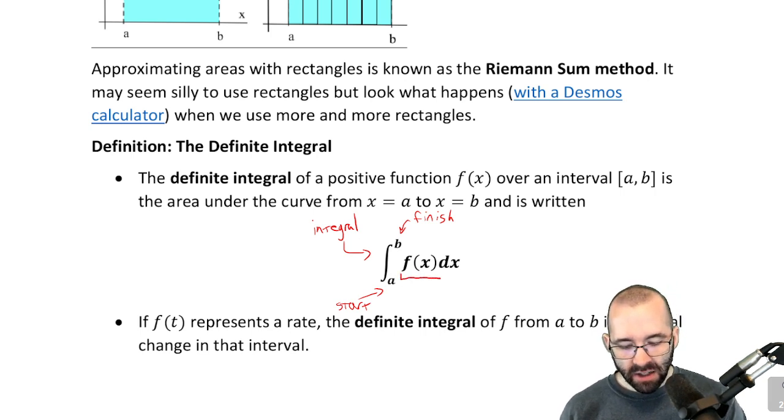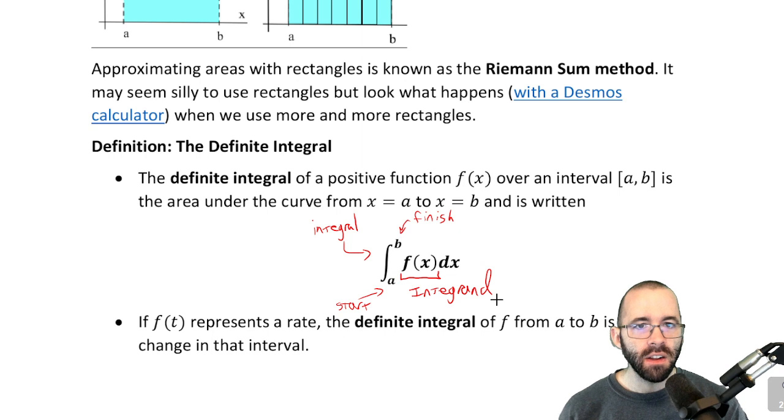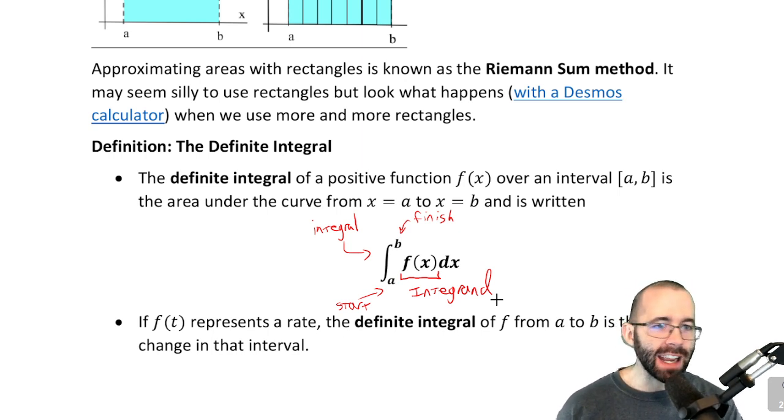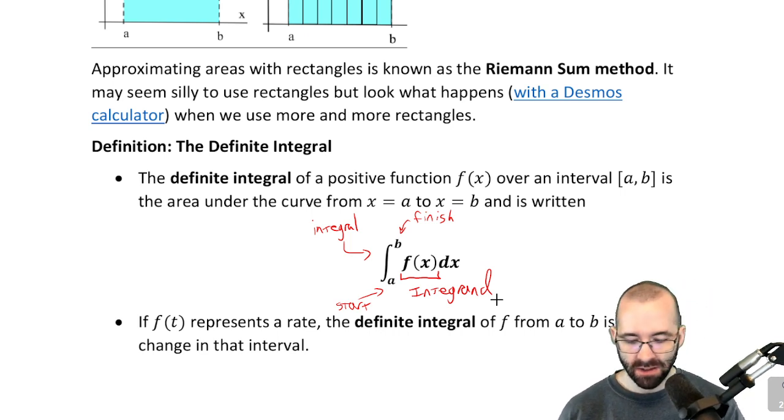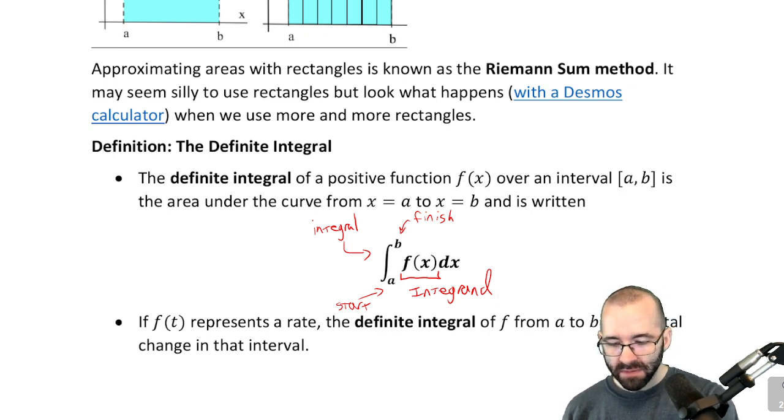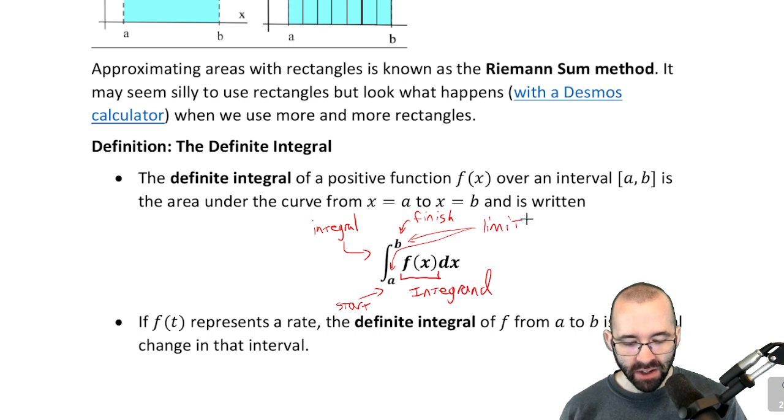The function on the inside is what's called the integrand. If you have a radical, like a square root, the inside of the square root is called the radicand. This is the same idea. The inside of the integral is the integrand. And again, one more thing is that A and B together, I'm running out of arrows, A and B together are both called the limits of integration.